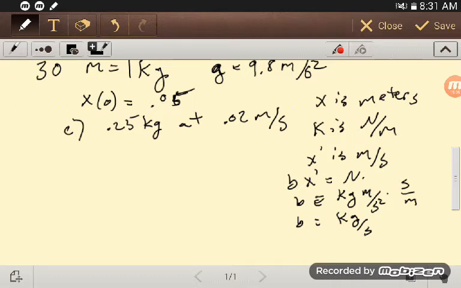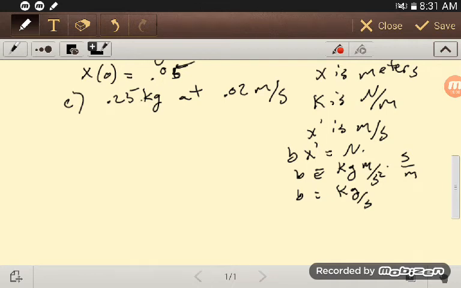Yeah, the best I can tell, this should be newtons the way the problem is written, and so what you need is your constant B is, well, it is that, but the way I would write it is newtons per meter per second, like that.